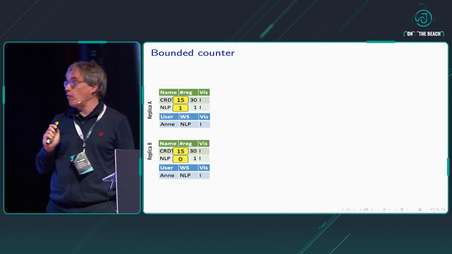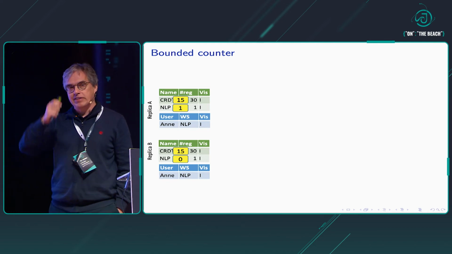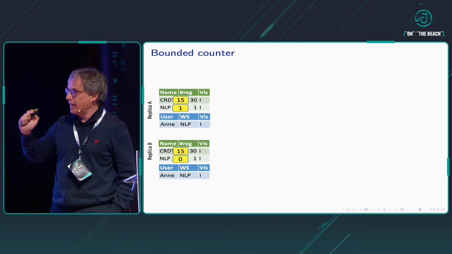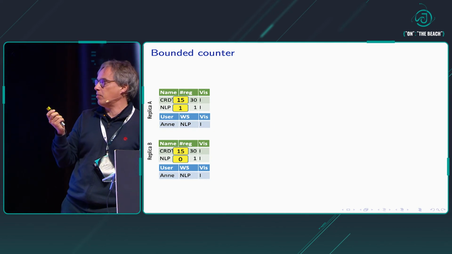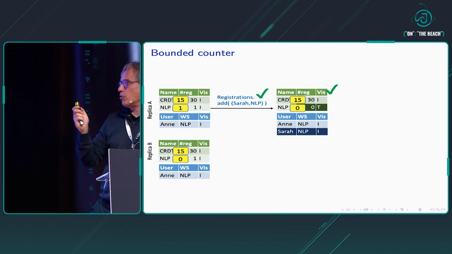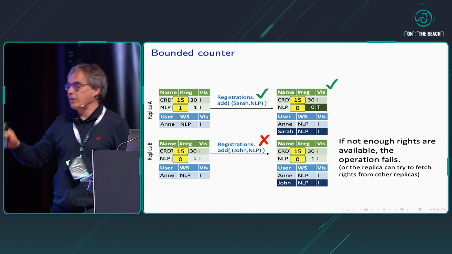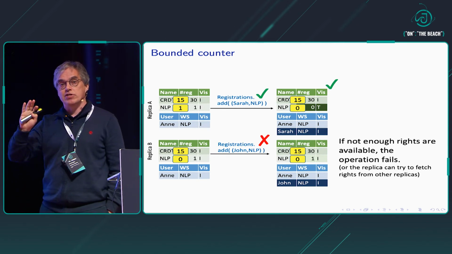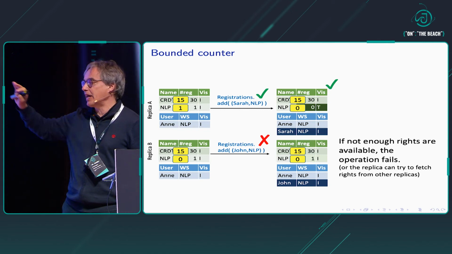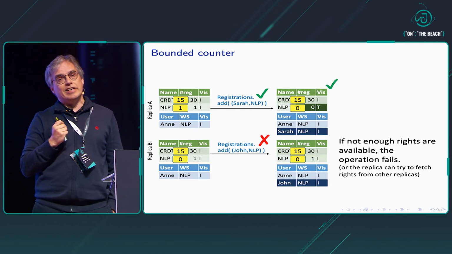If I have only one place available, I will have to split this place between the two replicas. One replica gets one place available, and the second replica gets 0 places available. So in replica A, if I register Sarah in the NLP workshop, I get 0 places available. And in replica B, if I try to register John, I would say that I cannot accept the registration because I only have 0 places available assigned to my replica.